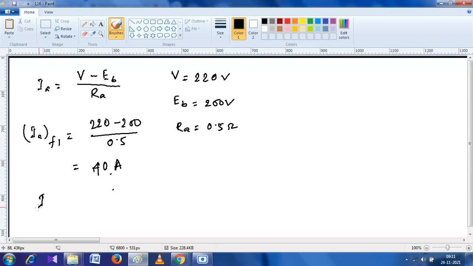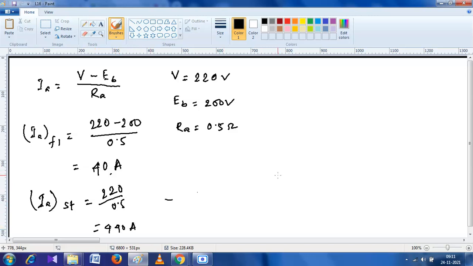And what is the starting armature current? Because at the time of starting there is no back EMF, the value of starting current is 440 ampere.